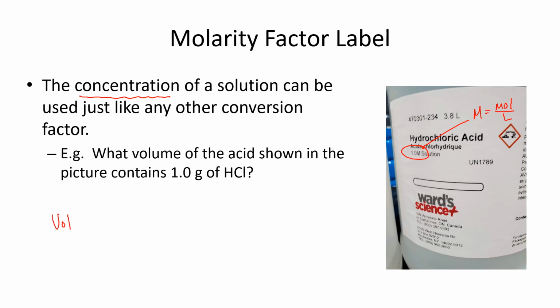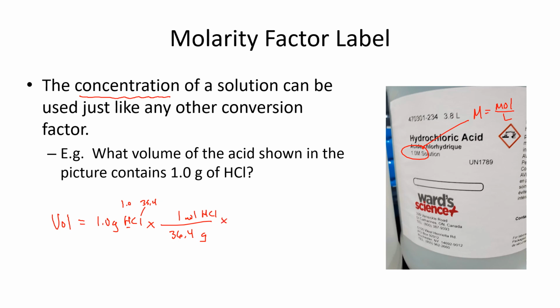So we'll say volume and 1.0 grams of HCl. And so we know that HCl, the Cl off my periodic table here, has 35.4, plus another 1 for the hydrogen, so 36.4 grams per mole of HCl.